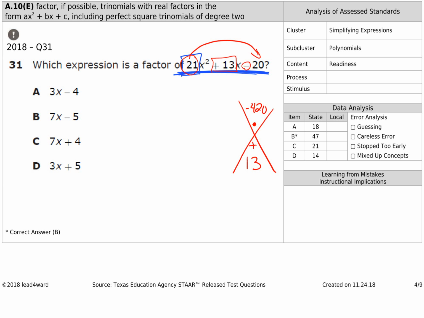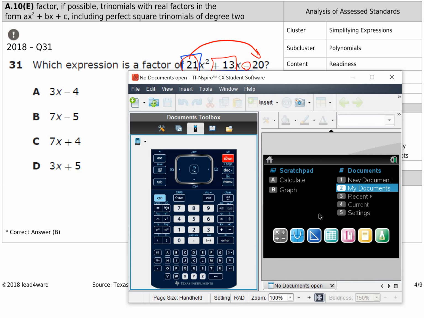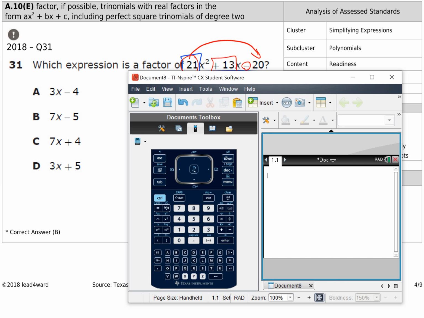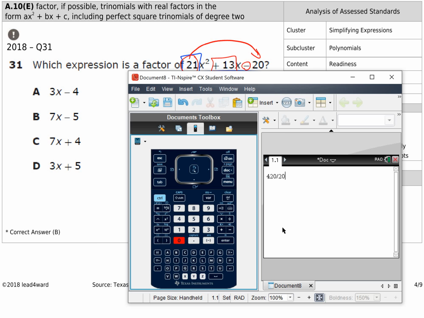Most students this age can't figure out what the factors are, so you could get your calculator and just start multiplying numbers, or dividing. 420 is the number. You could try and divide it by 20.